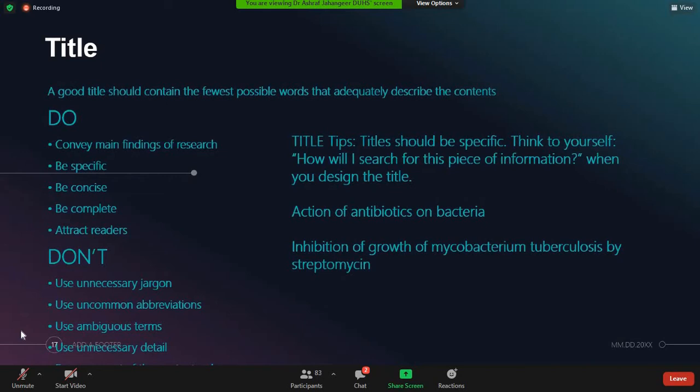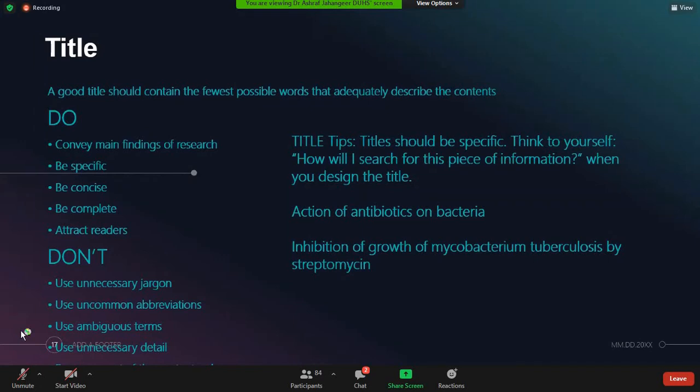So how would you make a good title? That's another small workshop or a couple of lectures, how to phrase a good title. Your title should be a reflection of your objectives and the overall study what you have done. So a good title needs more work to do at the very end of the write-up business.